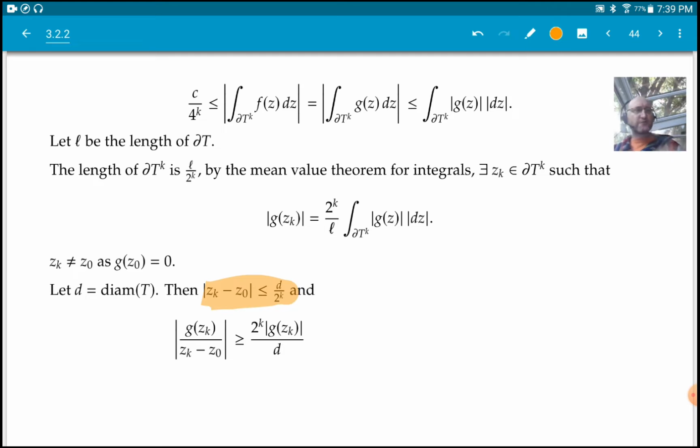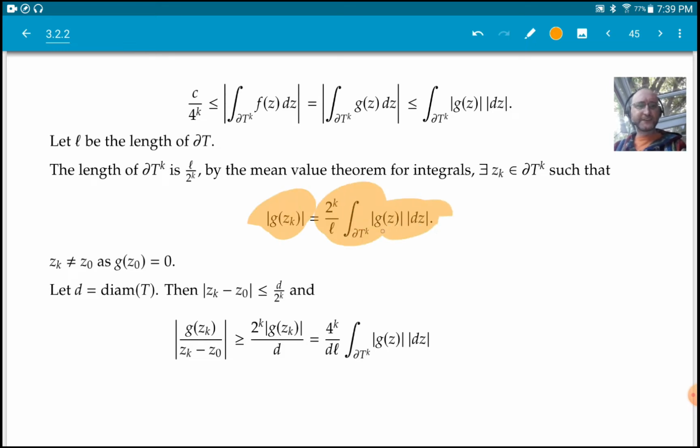We have a bound above for the denominator, so we get a bound from below for this thing. Now, this guy, we know that's equal to this integral. That's basically the way that we defined what zk was. So we add that in, and we get an L over here, and now we get a 4^k over here.